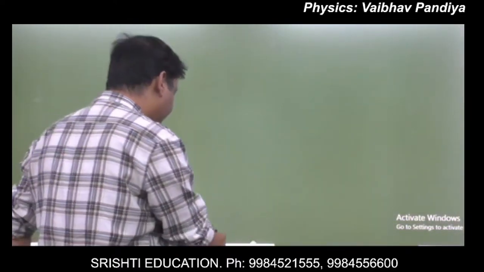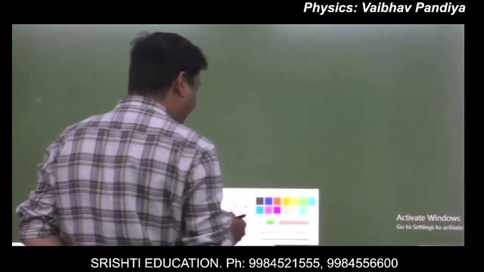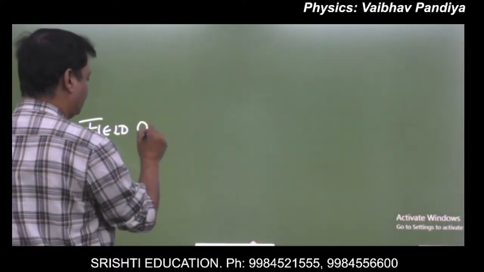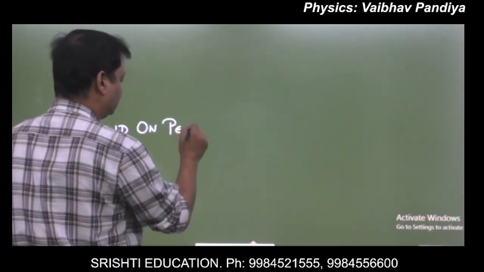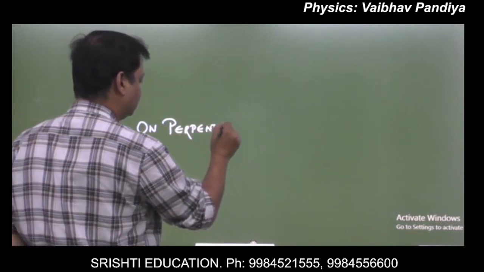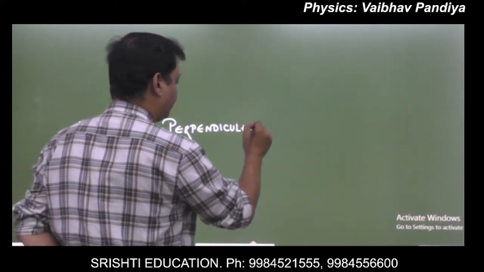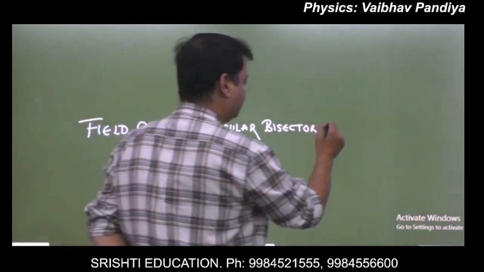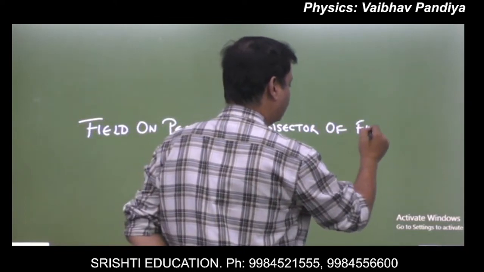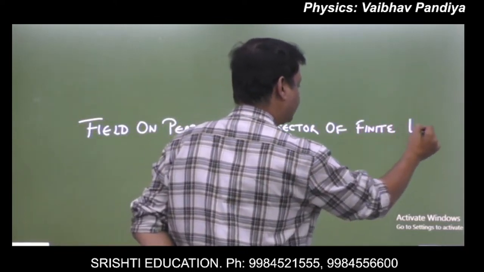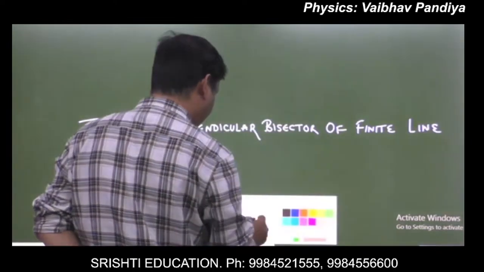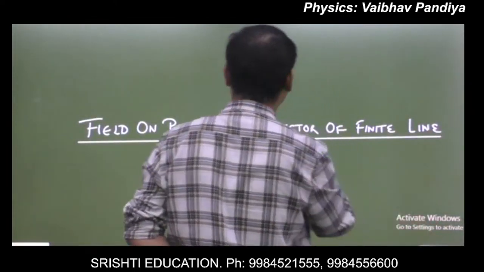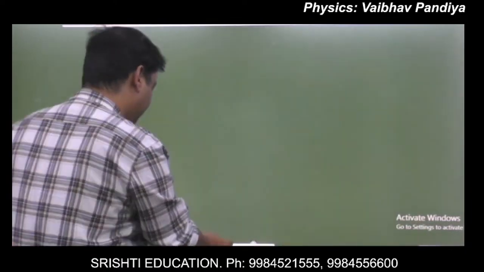The first case is the field on the perpendicular bisector of a finite line. Of course, we are talking about a thin line, okay? Field on the perpendicular bisector of a finite line.